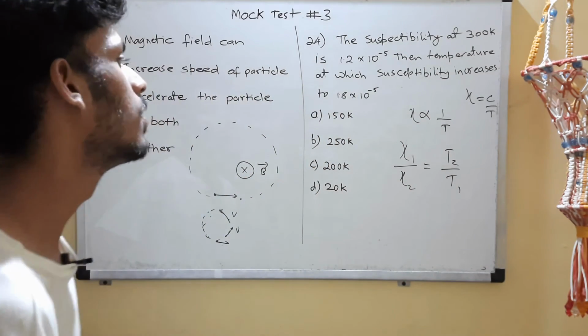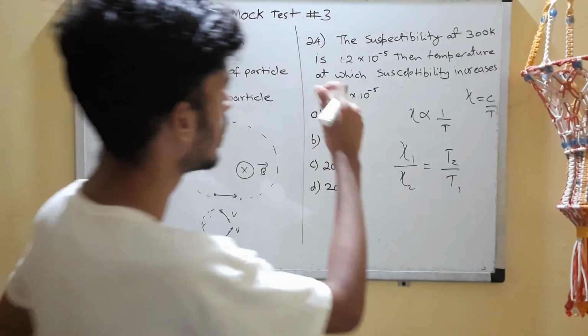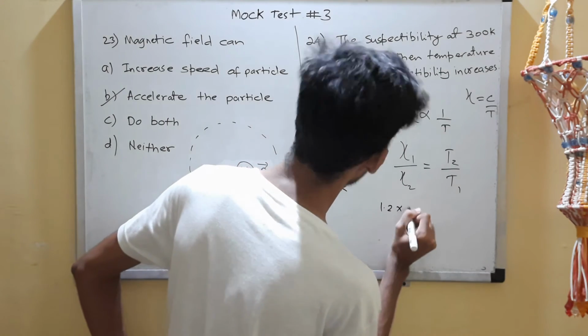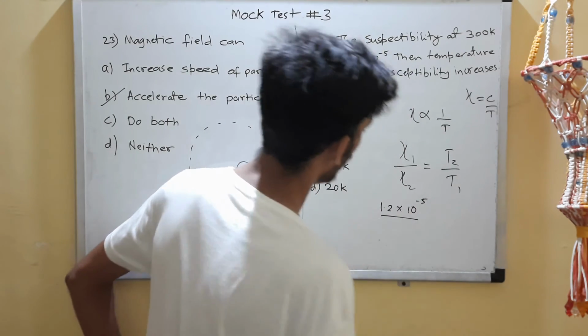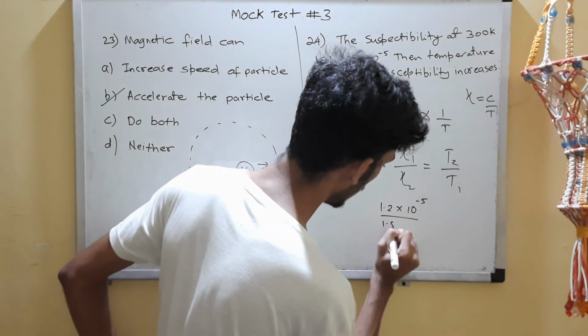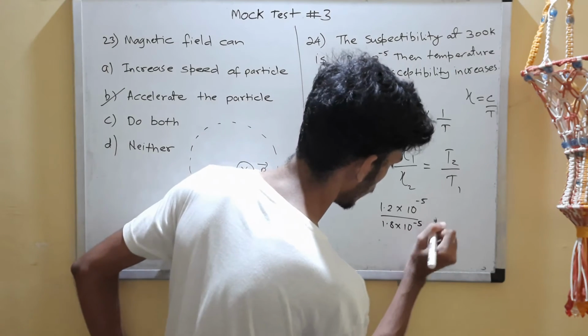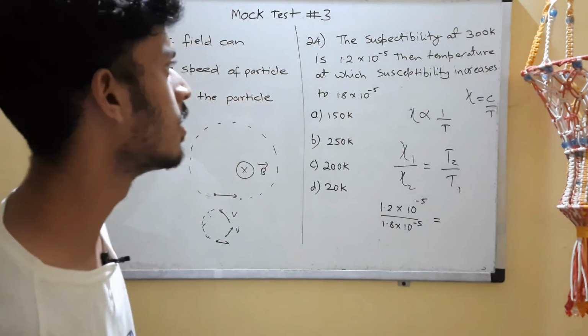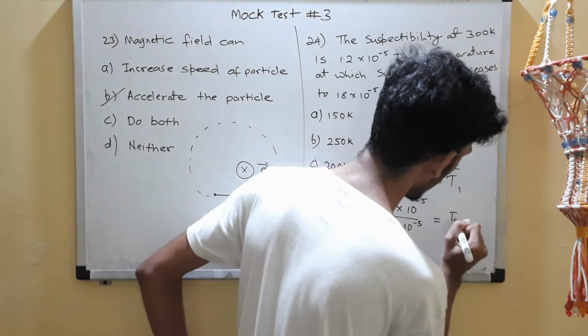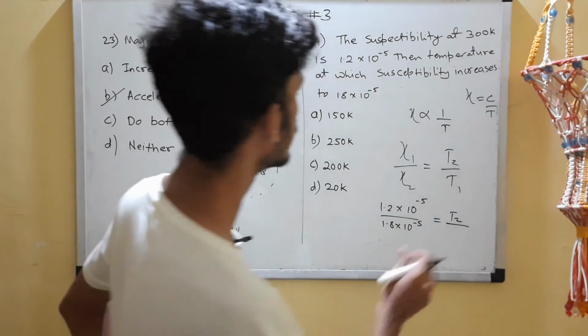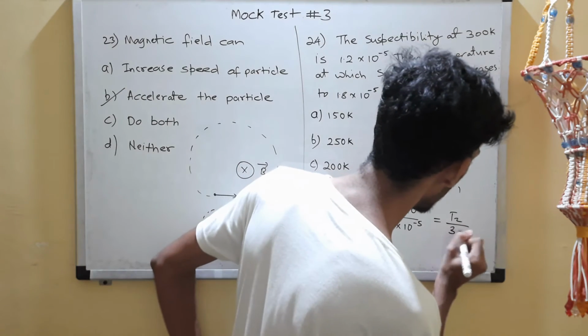Now we are given the different susceptibilities. For one it is 1.2 into 10 to the power minus 5, and it changes to 1.8 into 10 to the power minus 5. T2 is the temperature in the second case, and T1 is the temperature initially, which is 300.